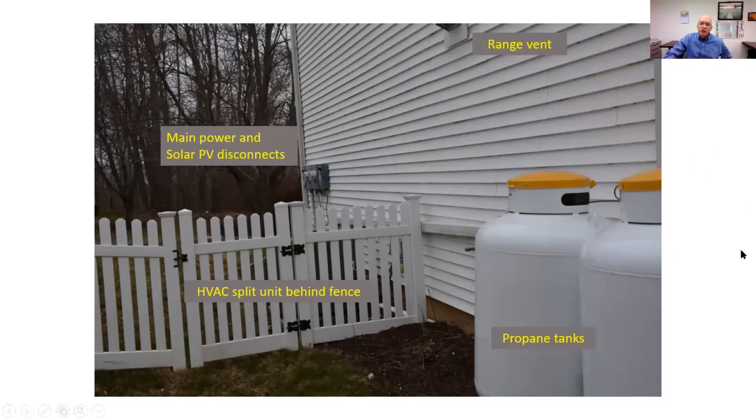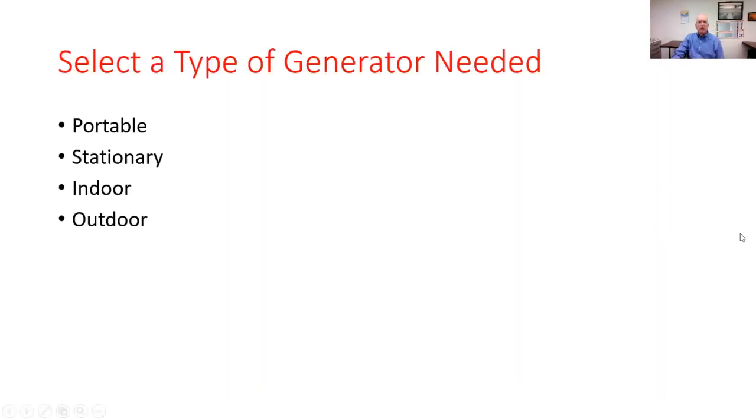That is a source of ignition. And then we have the propane tank locations themselves. So you've got to be 10 feet away from all those three items, for example, and whatever else you run into. But they also have to be 10 feet away from the generator itself, another source of ignition.